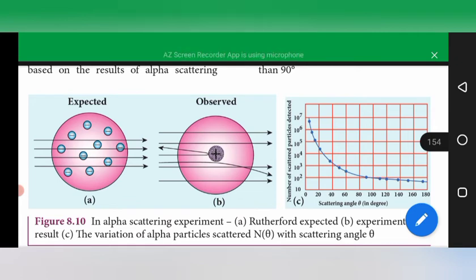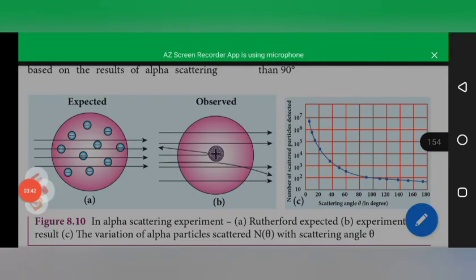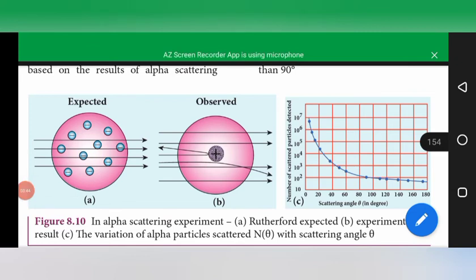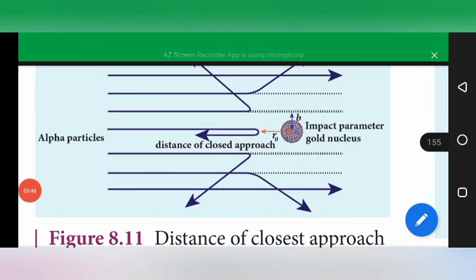Next he found the distance of the closest approach.